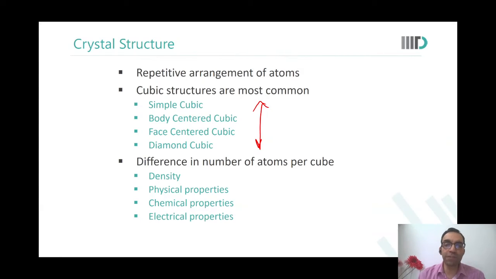Diamond has very different chemical and electrical properties than graphite. Both are pure carbon, and that difference is largely because of the different crystal structure. The arrangement of atoms is different in the two materials, and the properties are entirely different even though the chemical composition is the same. So the crystal structure has significant bearing on physical and electrical properties, and that is what we are interested in as of now.